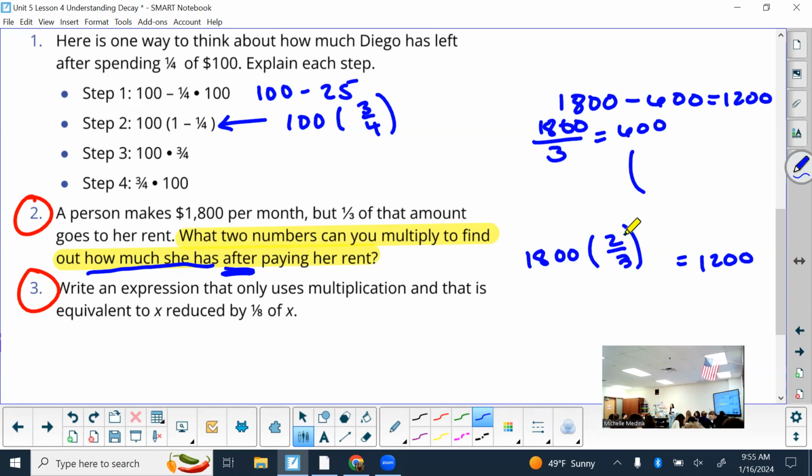Just how'd you get the 2/3? Why did it change from 1/3 to 2/3? Okay, good. 1 minus 1/3 is 2/3. Is 2/3 times 1,800, 1,200? Test it out in your calculator if you're not sure.